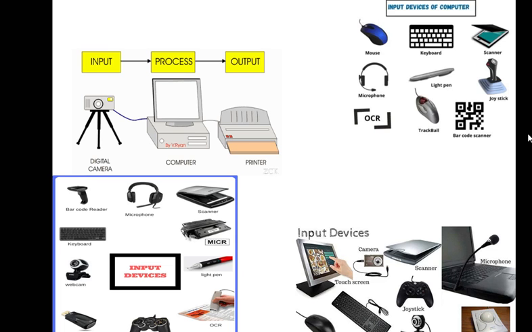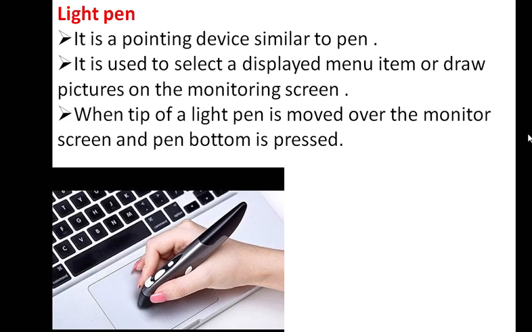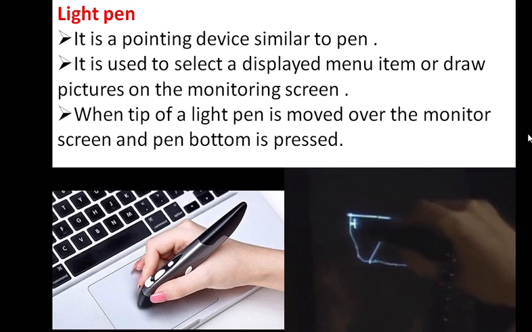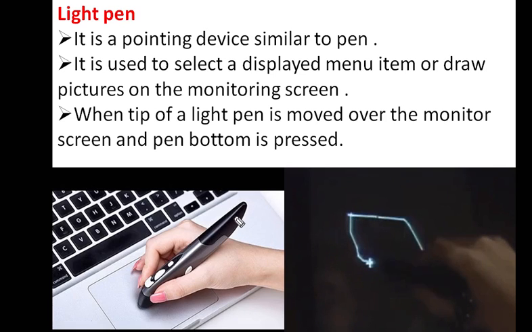Then another one is light pen. It is a pointing device similar to a pen, looks like a pen. It is used to select a displayed menu item or draw pictures on the monitor screen.